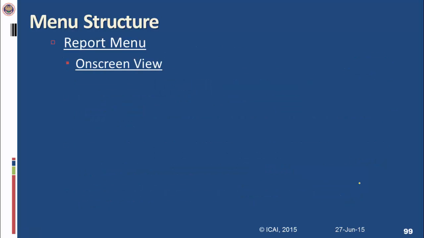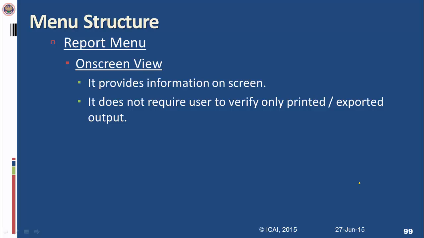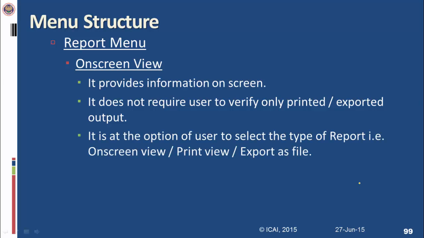Then there is a menu type called a report menu. Apart from the transaction menu, we'll have the report menu, within which we'll have an on-screen view, which provides information on screen. It does not require the user to verify only printed or exported output. It can be on the screen itself. It is at the option of the user to select the type of report, that is on-screen view, print view, or export as a file view.